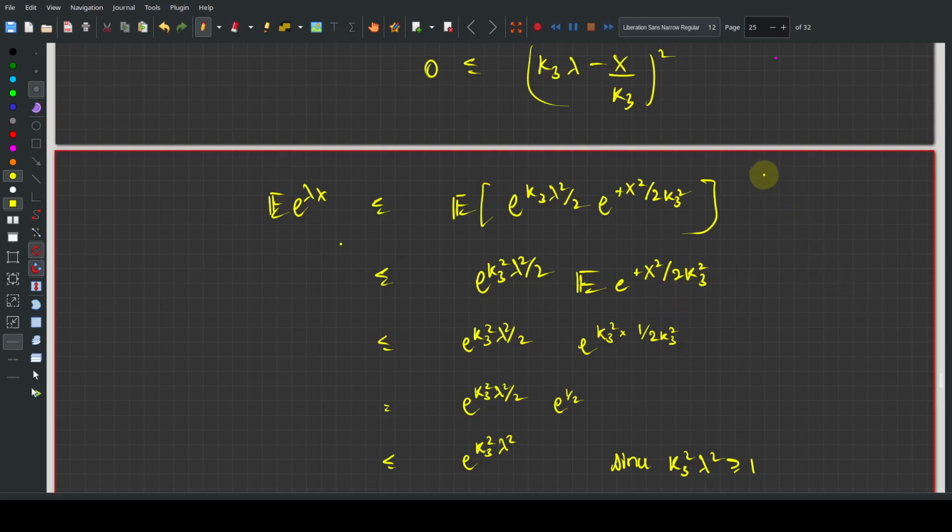Because I know, from the property that I have, that the expected value of e to the lambda square x square is less than or equal to e to the lambda square k3 square, as long as the absolute value of lambda is less than or equal to 1 over k3.